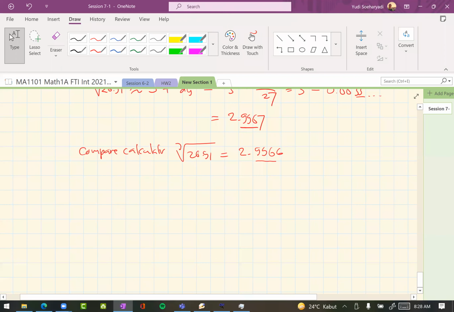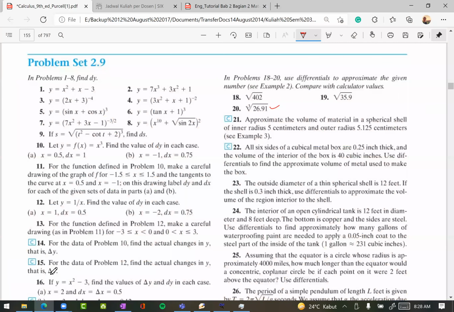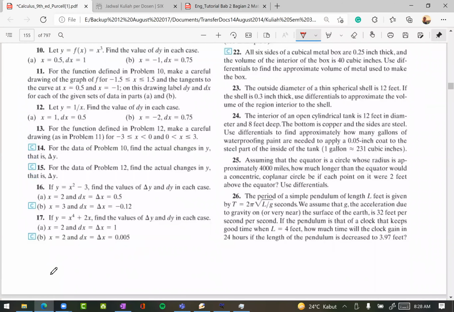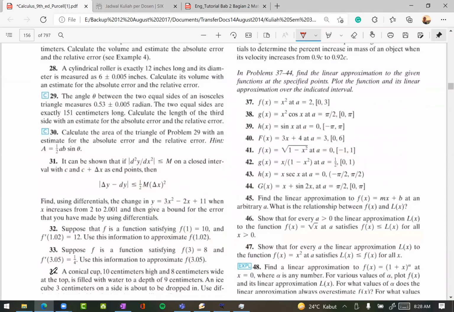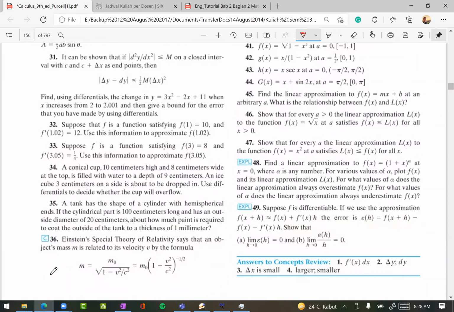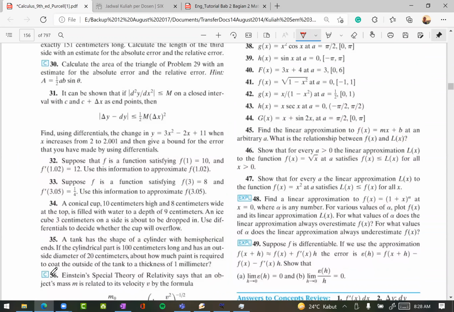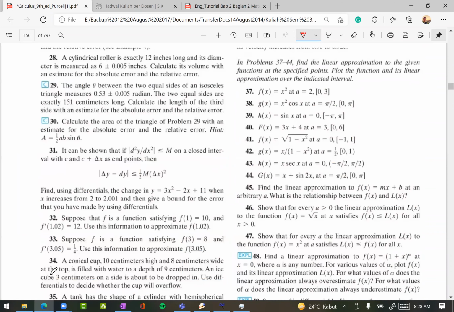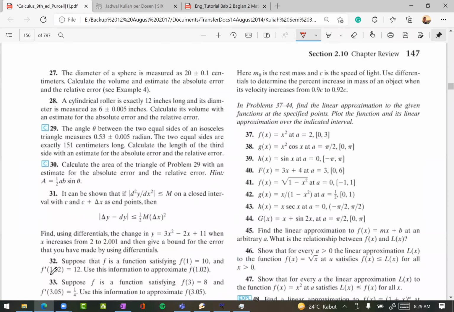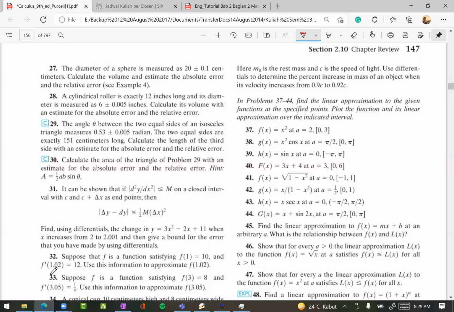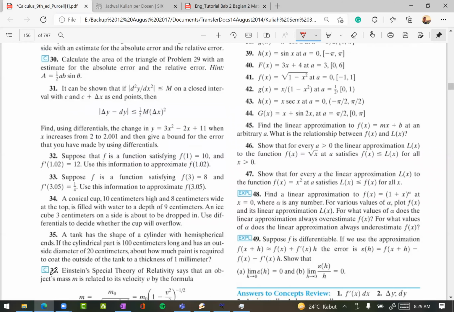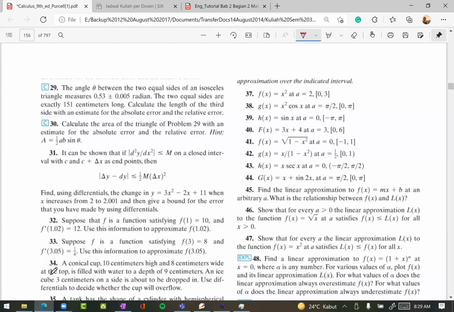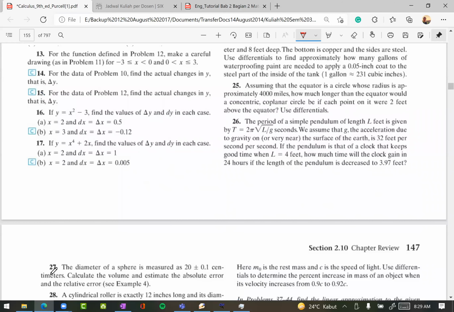One more example. Let's see. This one. All right.